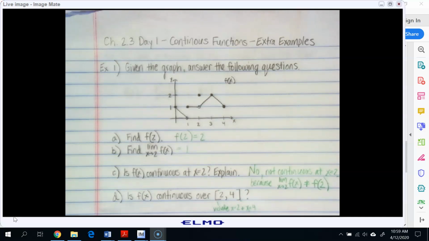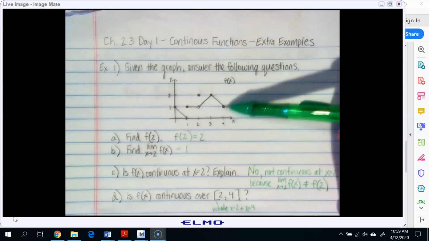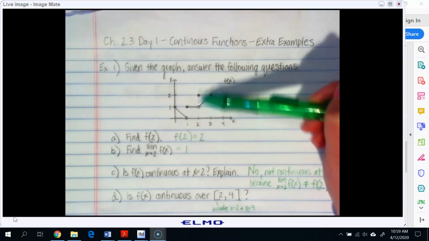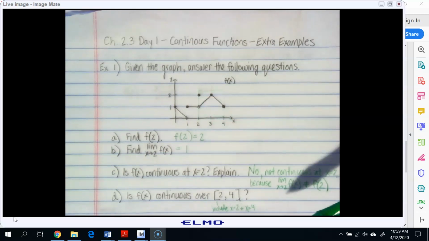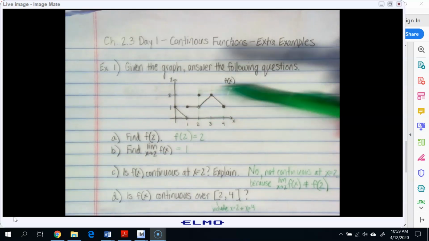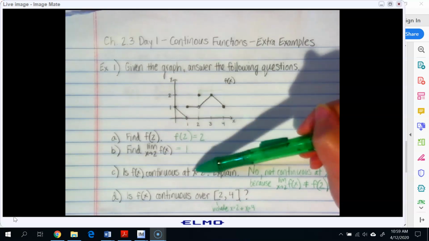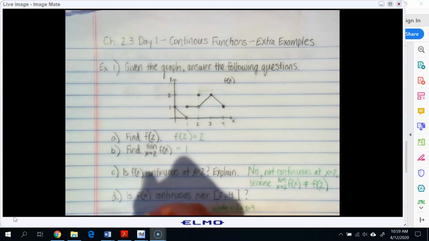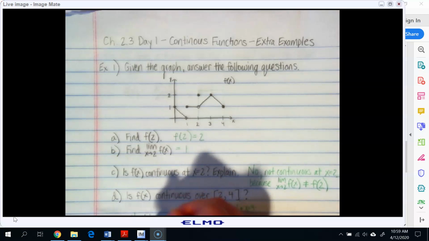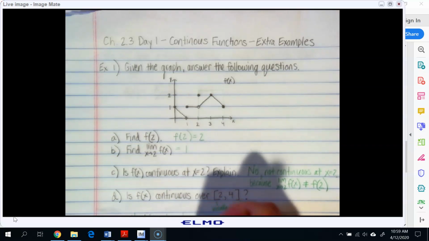And since we're including x equals 2 and x equals 4 on my graph, I'm looking at this part of the graph, including the endpoints. Alright, and because at x equals 2, we just said it's not continuous there, that means for this interval we would say no, because it's not continuous at x equals 2.